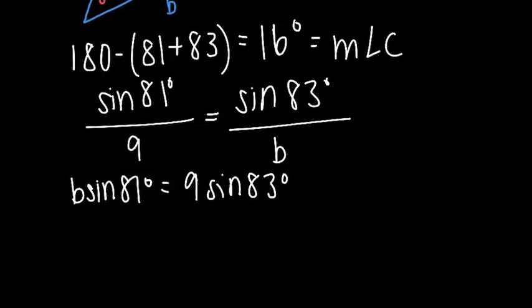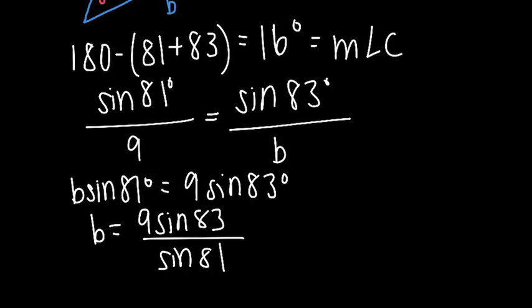And this should give you B equals 9 sine 83 over sine 81. And after plugging this into your calculator, you should get that B equals 9.044.